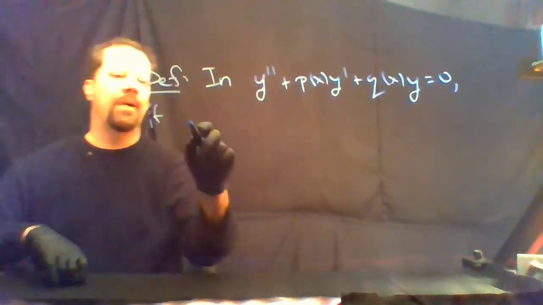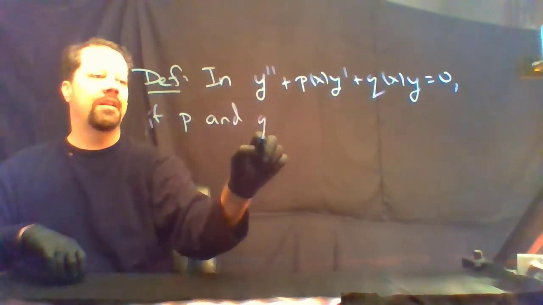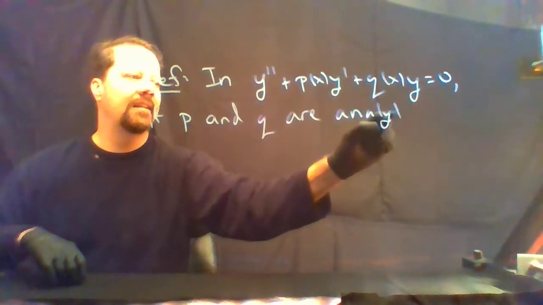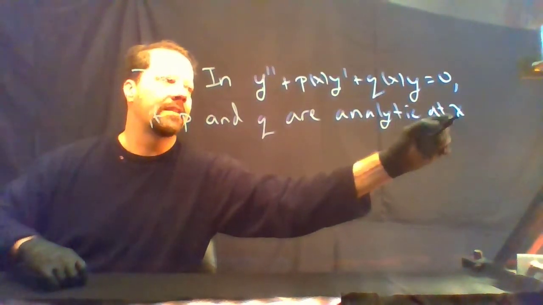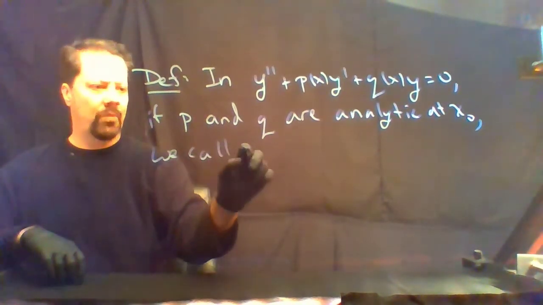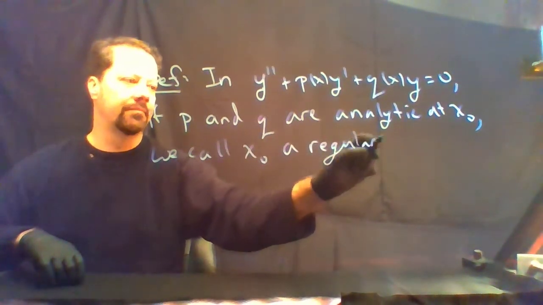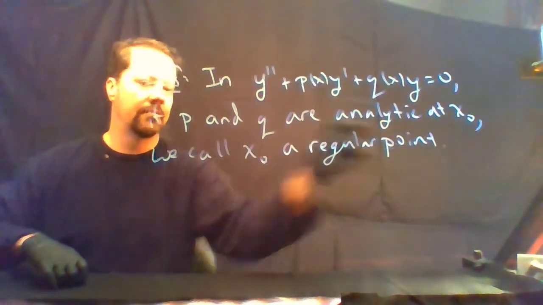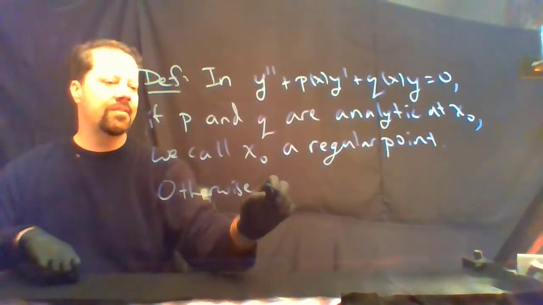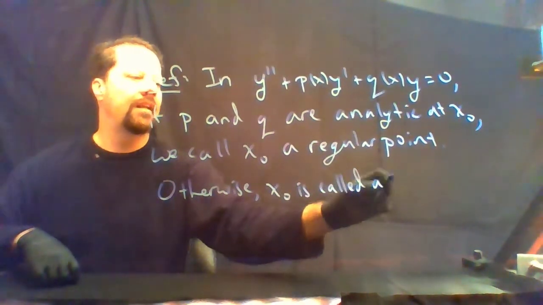In this differential equation, if p and q are analytic at x naught, we call x naught a regular point. Otherwise, x naught is called a singular point.